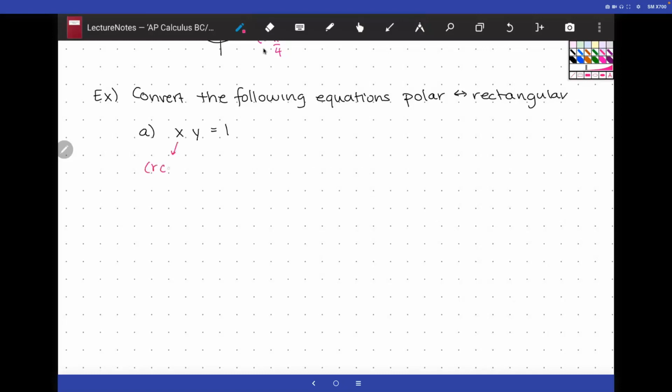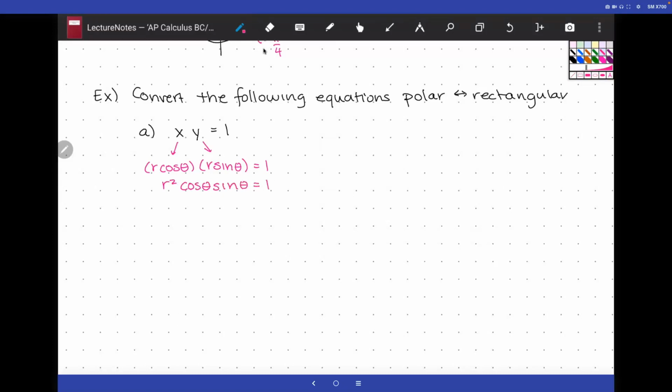X was r cosine theta. Y was r sine theta. And that's literally it. r squared cosine theta sine theta equals 1.